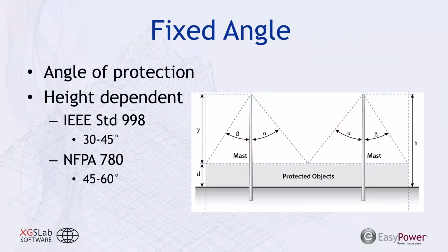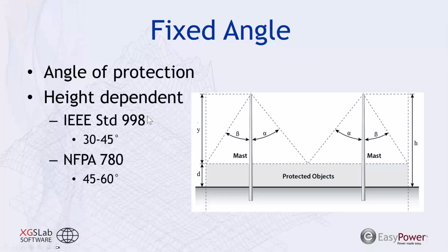Now, another method that we are going to talk about or be familiar with is the fixed angle method. And this is easy to understand when you think about that rolling sphere. Based off of the height of our masts or our air terminals, we can calculate the fixed angle within which we may assume some protection to other components, equipment, or a structure.